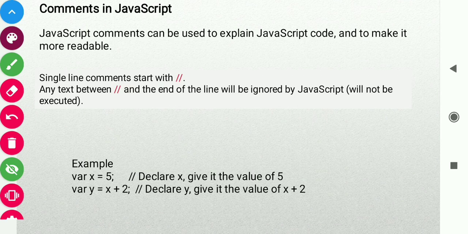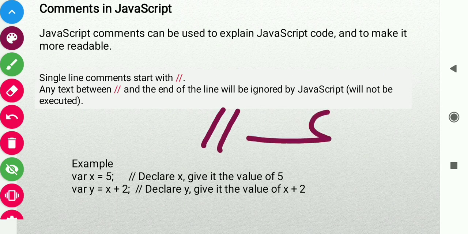What is this? This is a declaration of a variable x, and to this x we are assigning the value 5. Whatever you want, you can write down in the comments there. Comments will not be run, they are ignored and not executed. And then y is equal to x plus 2, so the y variable will contain whatever is in x plus 2.